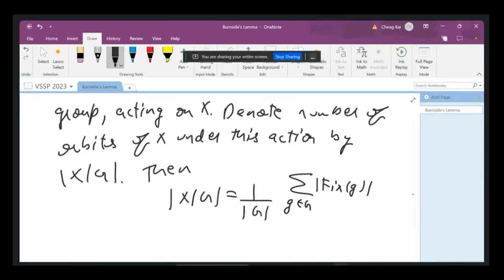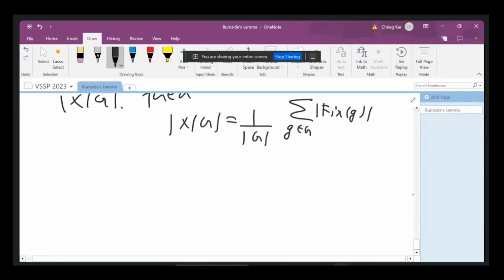Something we've stated before, but now we're going to prove it. So what is the proof of this?